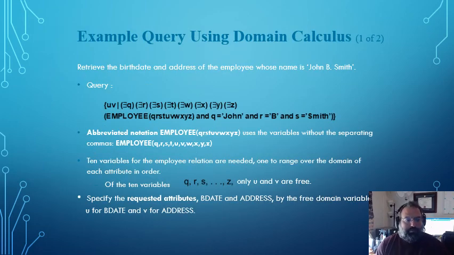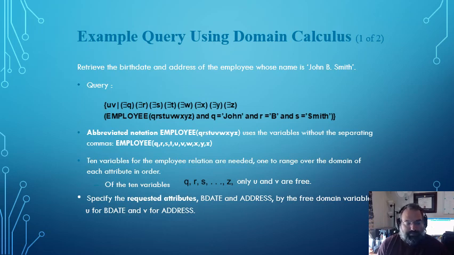Here's an example of retrieval of the birthday and address of an employee whose name is John B. Smith. The abbreviated notation Employee(qrstuvwxyz) uses the variables without the separating commas between each of the column names. Ten variables for the employee relation are needed, one for the range of the domain of each attribute in order. Of the 10 variables, only U and V are free.